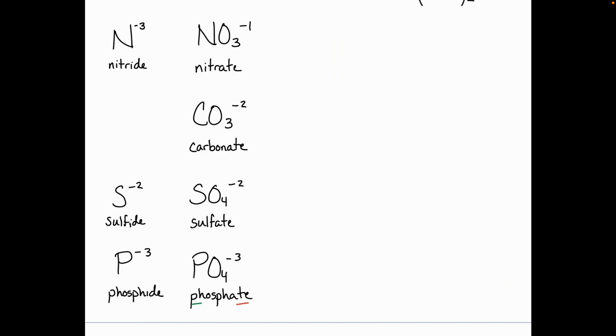So if, for example, we wanted to create the compound sodium carbonate, we would play the same game that we did before, where we're going to look at our periodic table. We're going to write down each ion with its charge. And then because it's carbonate, I got to know that that's CO3 with the -2 charge.